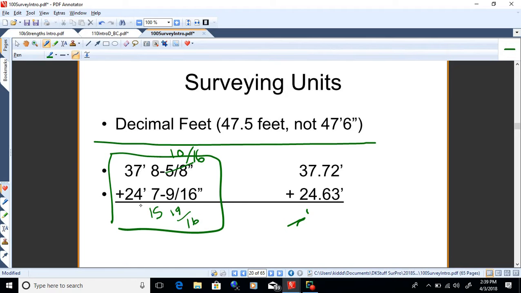And add 37 and 24 and I get what? 1, carry the 1, is that 61? Okay, then I carry a 16/16 over and I get 16 inches and that'd leave me 3/16. 61, and then I carry 12 inches over and I get 62 feet 4 and what, 3/16 inches? Is that what I get? I think. And see, that's a heck of a lot of work just to add two distances together.